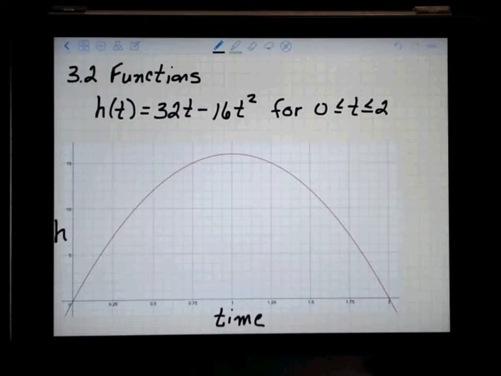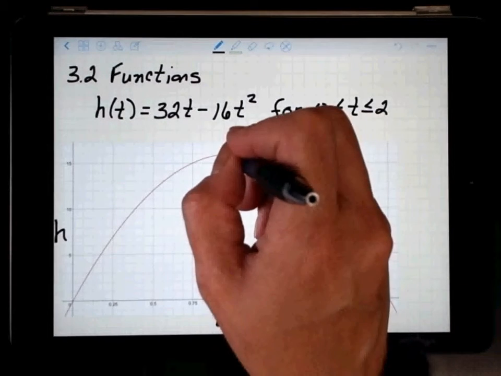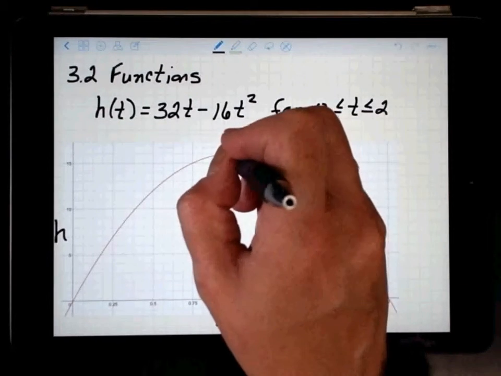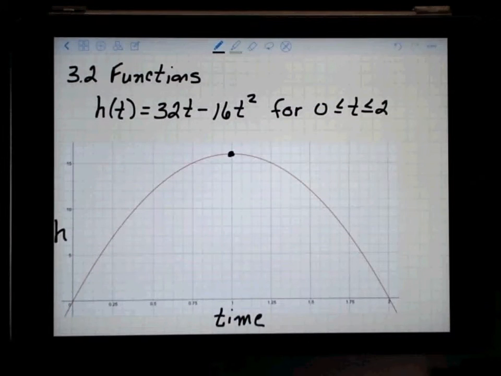It made a parabola. And we tested a minute ago, we plugged in t is 1, and we said the height should be 16. Is that what we find? Well, here's t is 1. Here is y is 16. And sure enough, that point is on the graph.